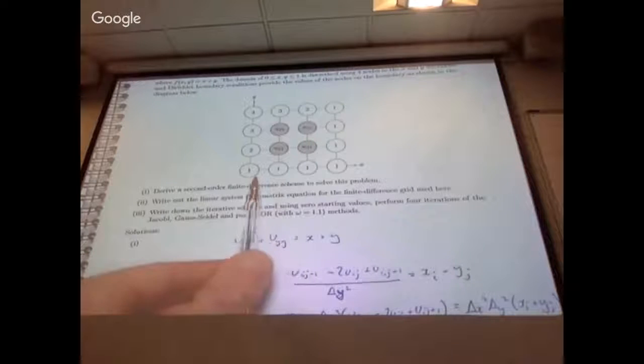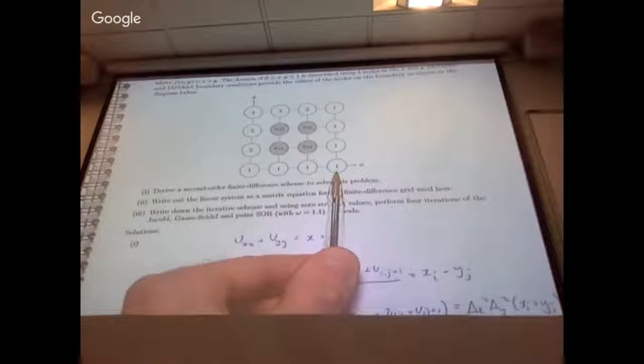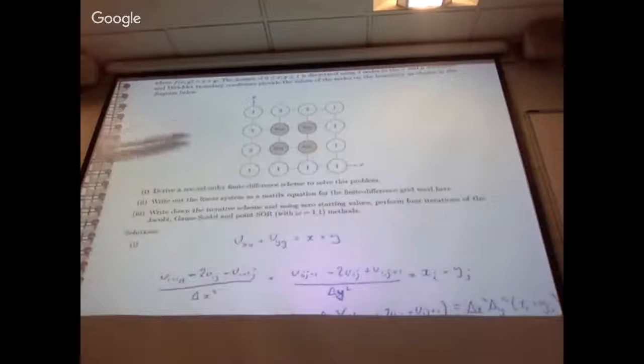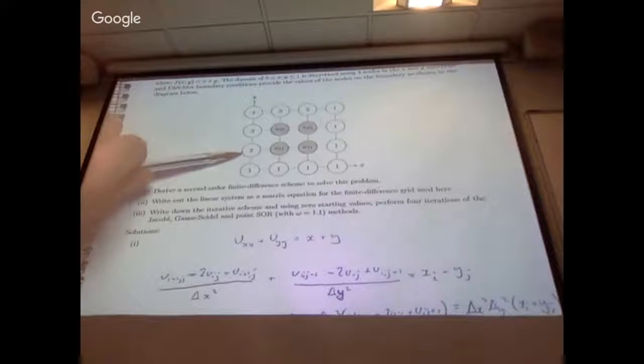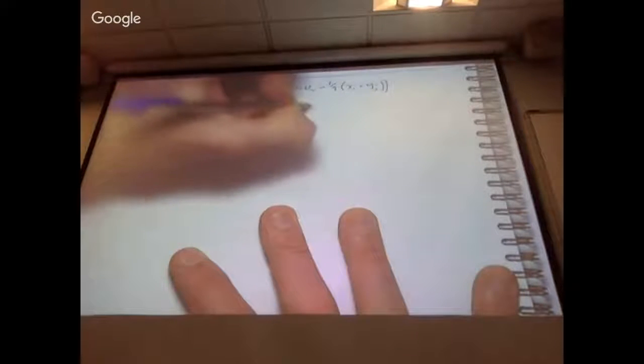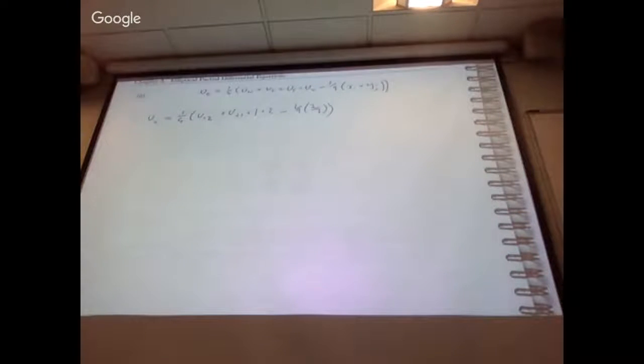So that's going to be 0, 1/3, 2/3, 1. So the x-coordinate of that node is 1/3, and the y-coordinate of that node is also 1/3. So we've got minus 1/9 times 2/3. This is where I reach for the calculator. So just going to calculate 1 plus 2 minus 1/9 times 2/3.